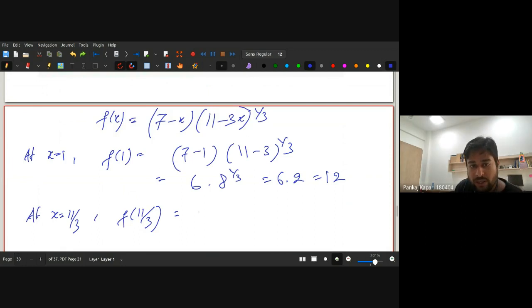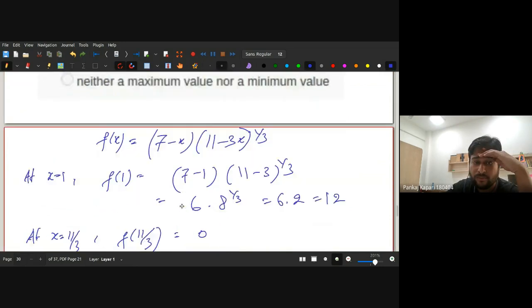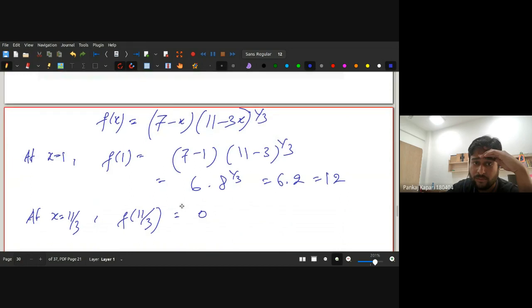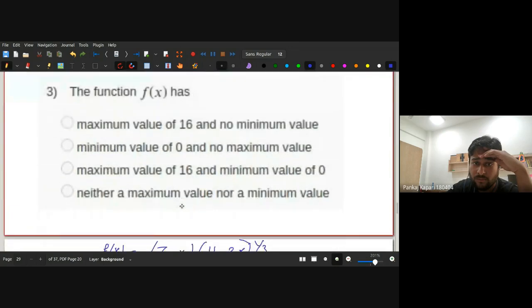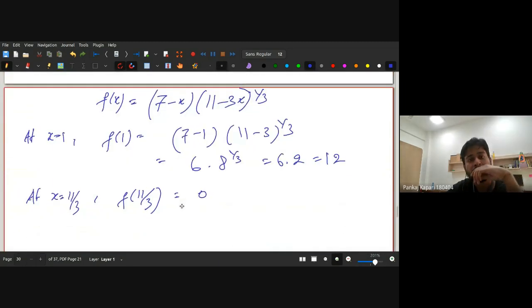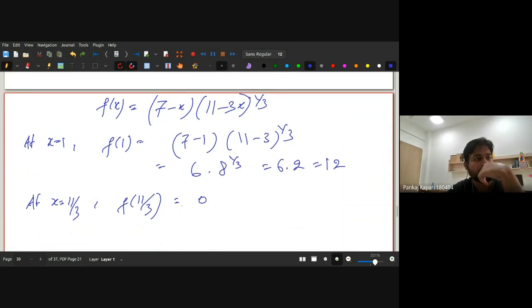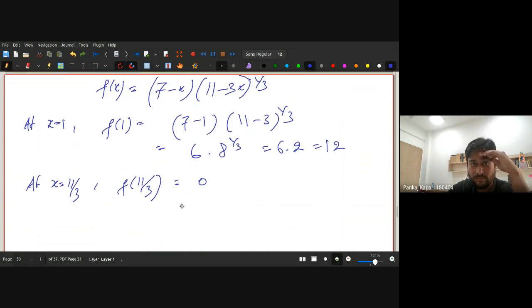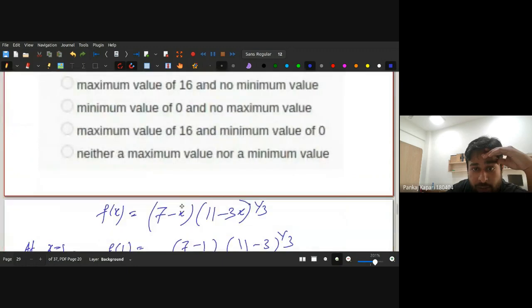So f of 11 by 3 is 0. So the maximum value is 12.